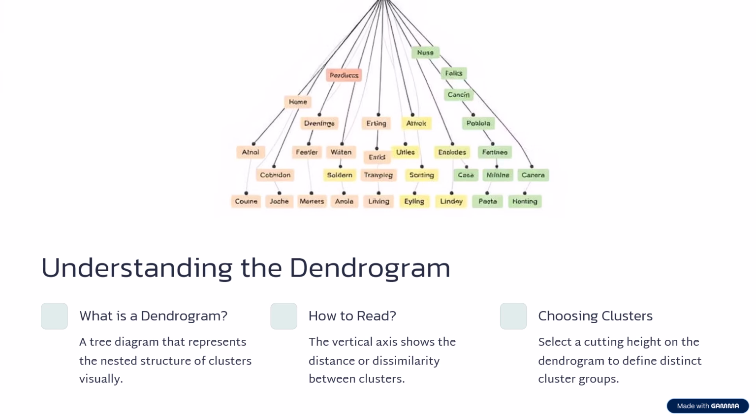The height of the line connecting clusters shows how similar or different the clusters are. The longer the line, the more different the clusters. By cutting the dendrogram at a certain height, you can decide how many clusters to keep. It helps us visualize the process and understand the relationship between the clusters at different levels.